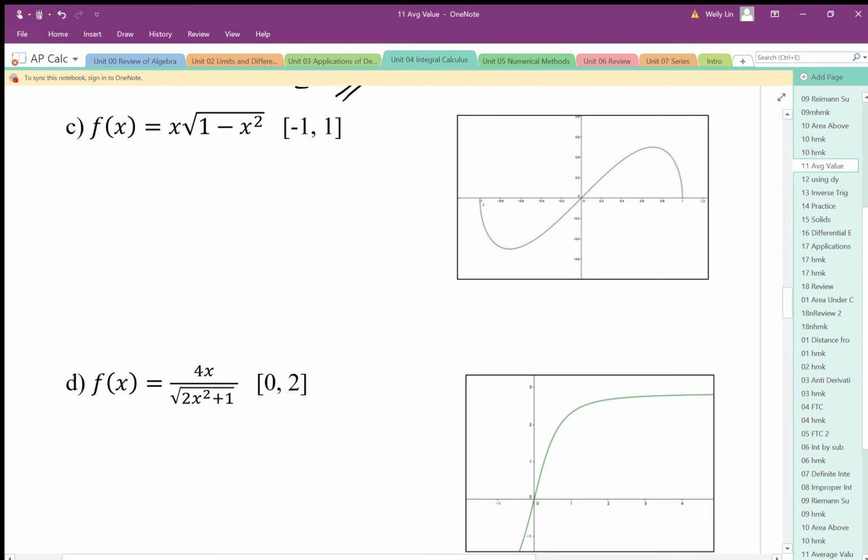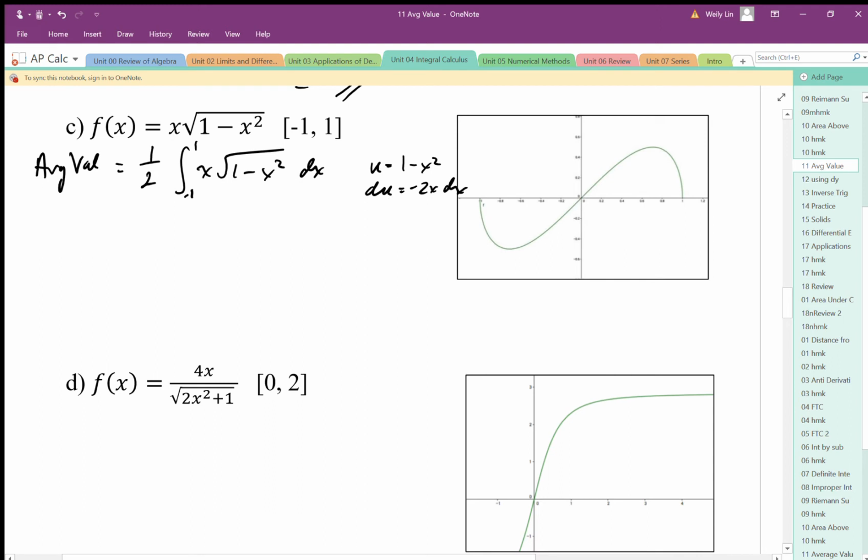Okay, so the average value. The interval width is 2 from -1 to 1, and we're going to use substitution to anti-differentiate this. So u is equal to 1 minus x squared. du will be -2x dx.